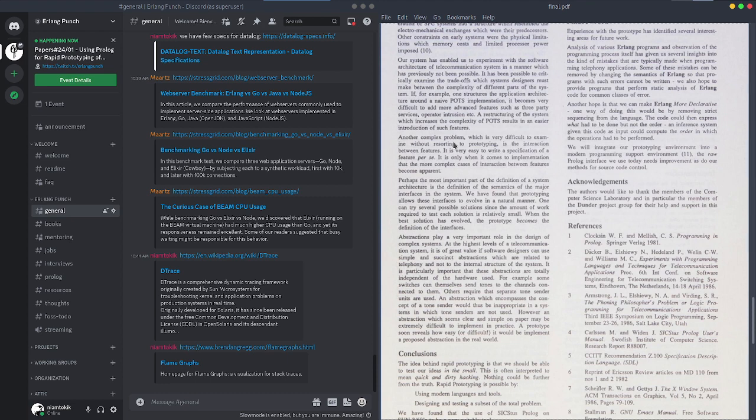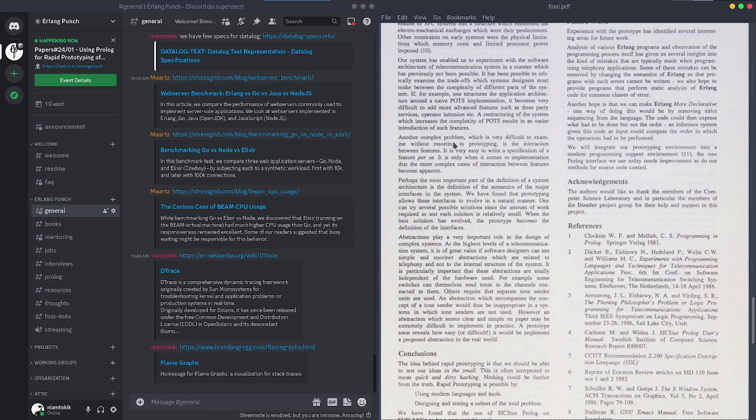If, for example, one structures the application architecture around a naive port implementation, it becomes very difficult to add more advanced features, such as third-party services, operator intrusion, and so on. A restructuring of the system, which increases the complexity of ports, results in an easier introduction of such features.